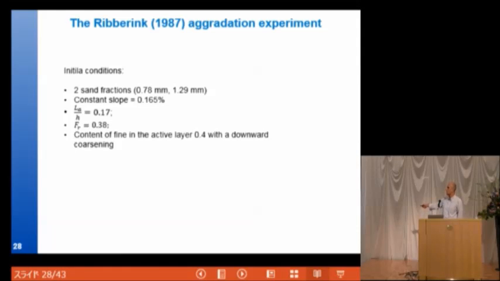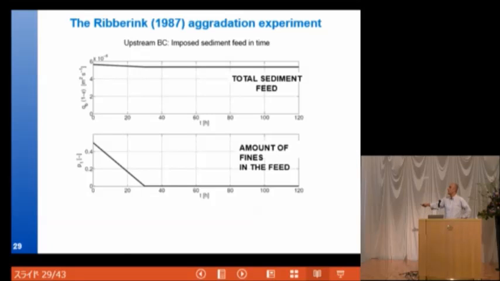We have two sand fractions, constant slope at the beginning, and this is the ratio of the active layer to the depth, and the Froude number, we are in subcritical conditions. We have an initial configuration which is almost flat bed with some dunes, but in the 1D numerical simulation you consider a flat bed.